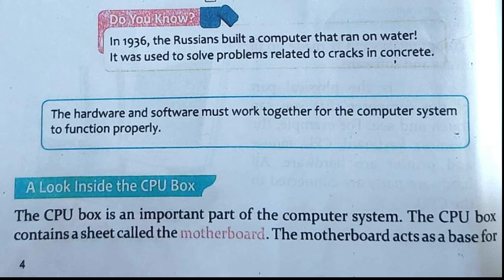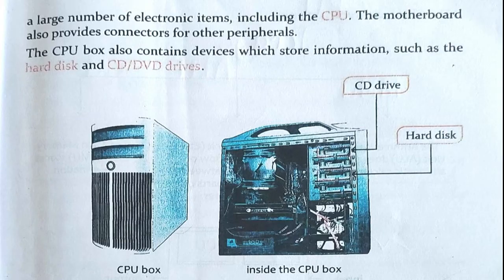A look inside the CPU box. The CPU box is an important part of the computer system. The CPU box contains a sheet called the motherboard. The motherboard acts as a base for a large number of electronic items, including the CPU. The motherboard also provides connectors for other peripherals.